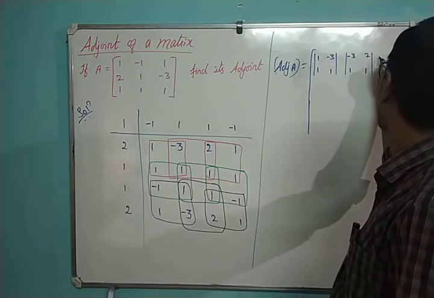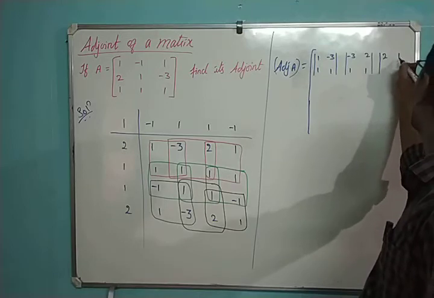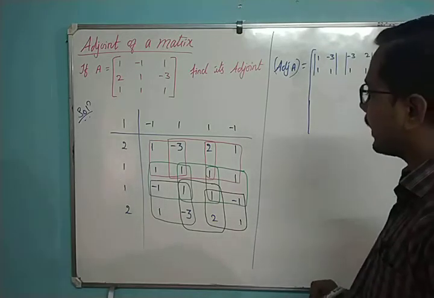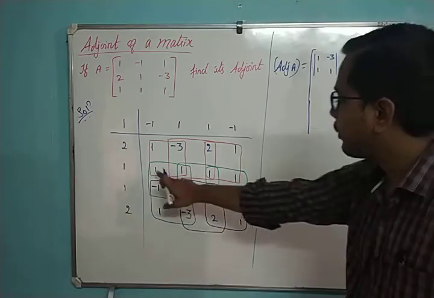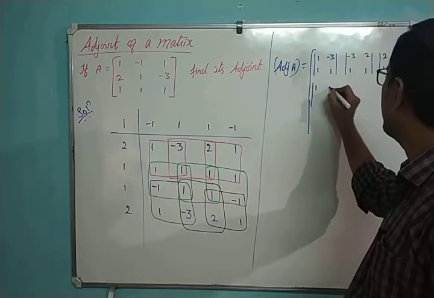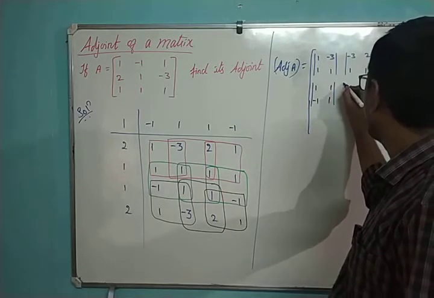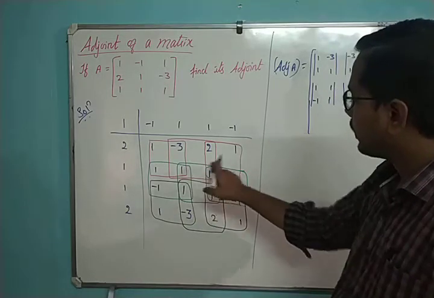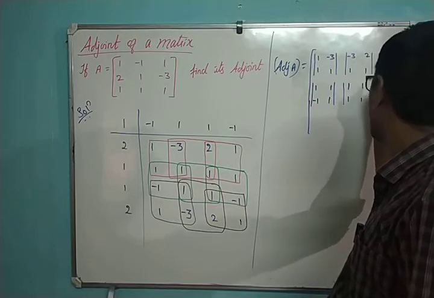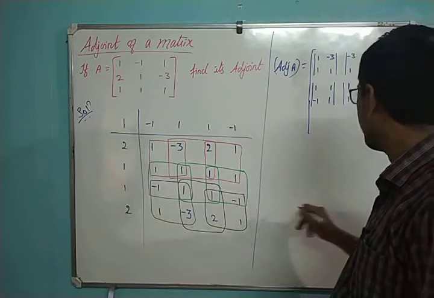The third determinant will be 2 1 1 1. And the second row, first will be 1 1 minus 1 and 1. Next one, 1 1 1 and 1. And the third one, 1 1 1 minus 1.